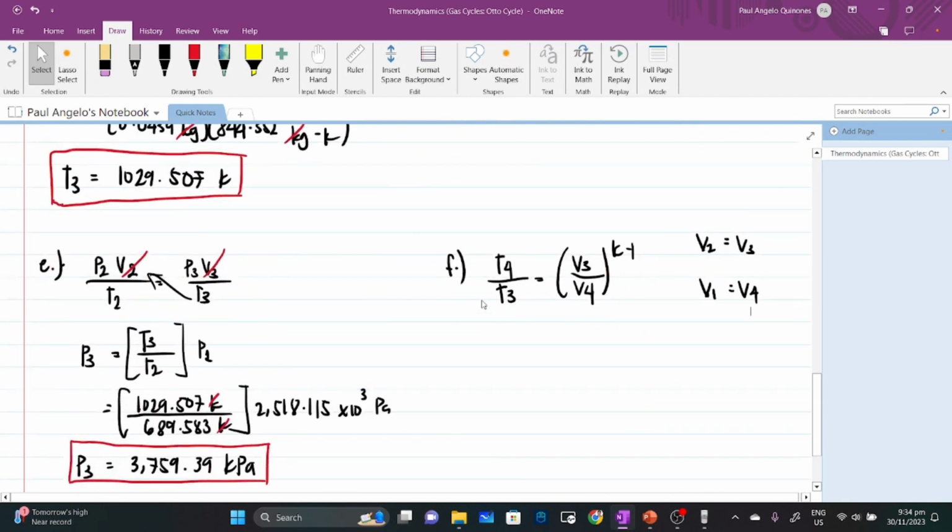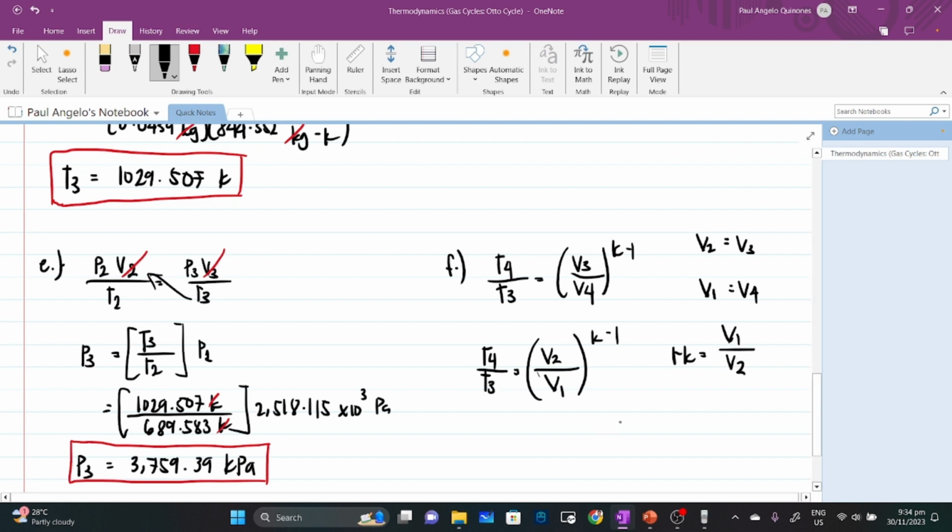So V1 is equal to V4, V2 is equal to V3. Okay, so if we substitute this one, we will have T4 over T3 equal to V2 over V1 raised to K minus 1. As you can see, V2 over V1 is the reciprocal of the compression ratio, V1 over V2.